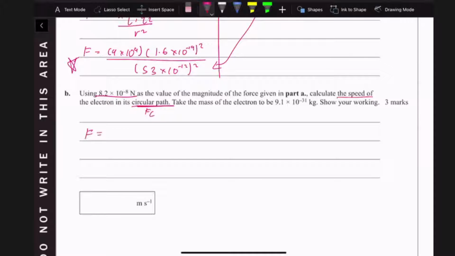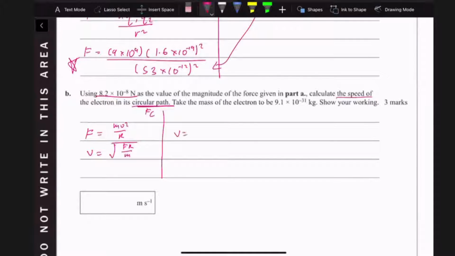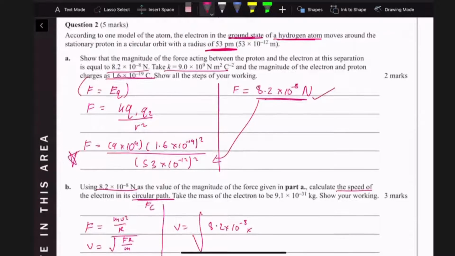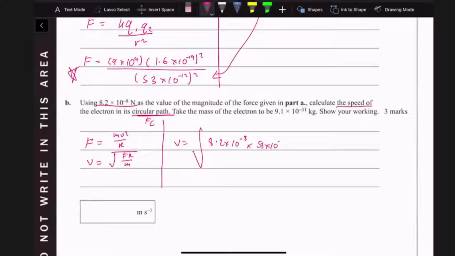So the equation for that is F equals mv squared on R. And we have F, and we want V. So if we rearrange this, we get the square root of Fr on M. So V is F, so 8.2 times 10 to the negative 8, times R, which was 53 times 10 to the negative 12, on M, which they have given us is 9.1 times 10 to the negative 31. And that comes out to 2.2 times 10 to the 6.